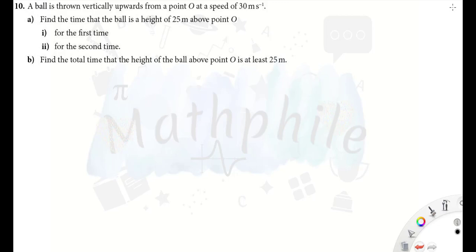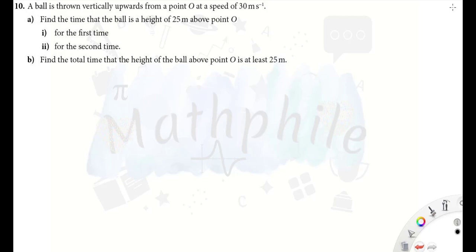I'm saying that assuming you solve this and you come across a quadratic equation, are you getting me? Are you going to get a value for t that is one negative and one positive, all negative or all positive? Won't I just get one answer because they said above point O, so it hasn't yet reached that side?